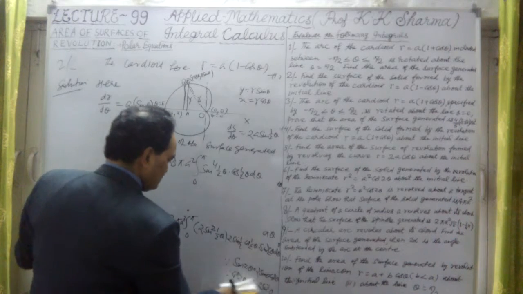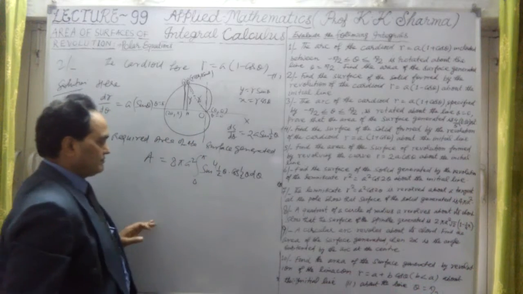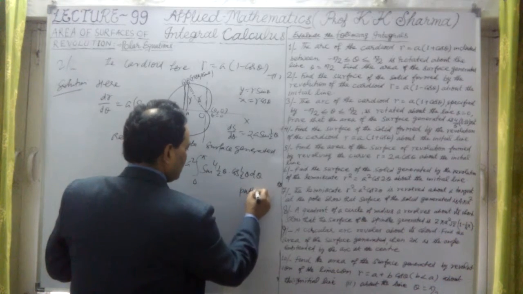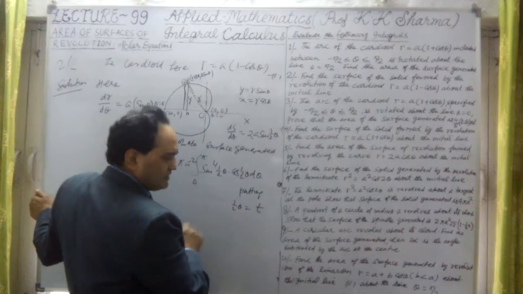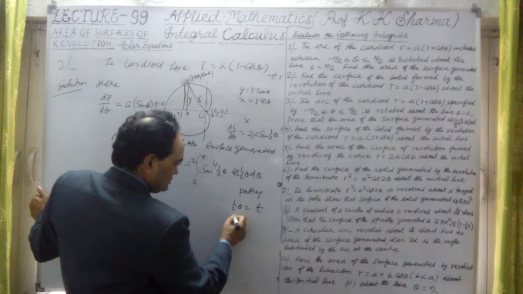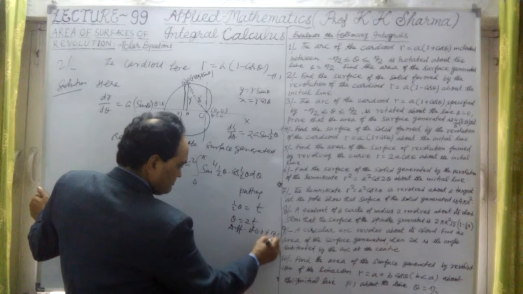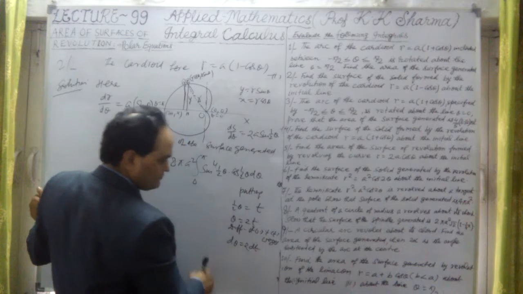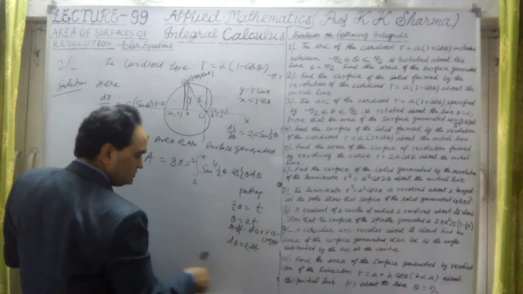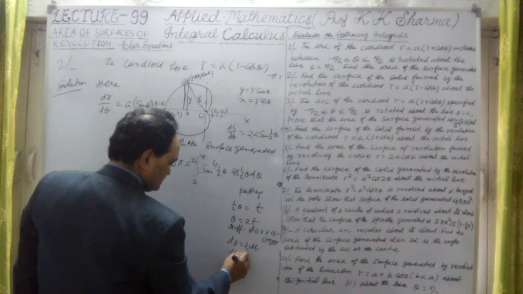Alright, now let us discuss further. Let me consider putting half theta equal to t, or we can take phi, no problem at all. Therefore theta is equal to 2t. Differentiating with respect to t, we get d theta equal to twice dt, or d theta upon dt equals 2.